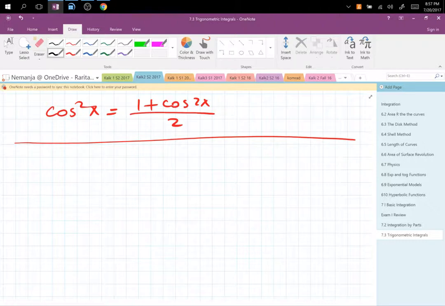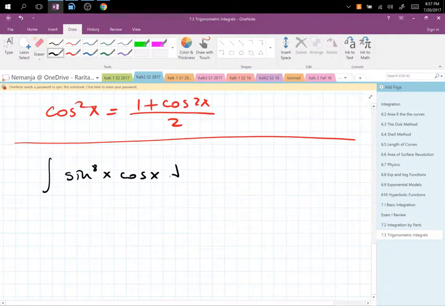Introductory example. This is the cheapest we can see. Sine to the 8x cosine x dx. This is done in Calc 1. You should know how to do this one already. What do we do here? U sub. That's it. U sub. What's u? u equals sine of x. Perfect. Go. Equals negative cosine. No, derivative of sine is? Cosine. Yep.